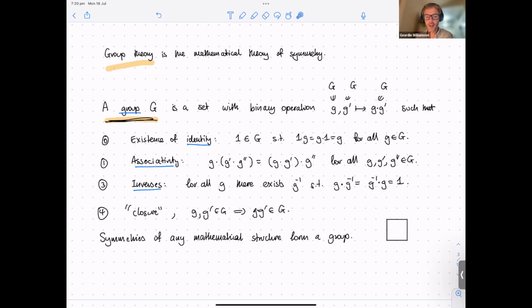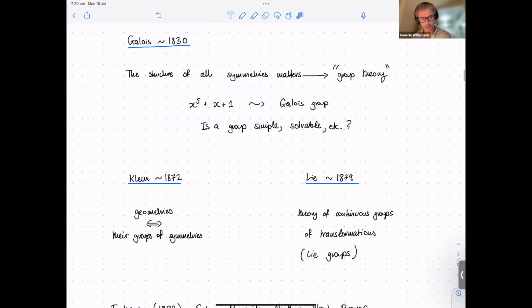So I'm kind of secretly including this axiom by writing the definition in this way. So thanks for the question.